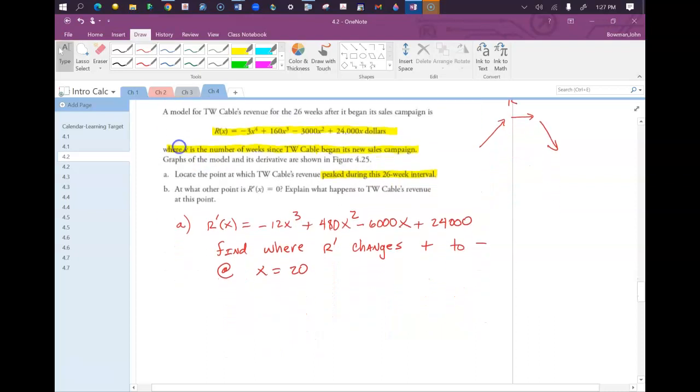Part B says, at what other point is R prime of x equal to 0? R prime of x is equal to 0 at x equal 10. Explain what happened to TW Cable's revenue at this point. It reached a plateau.